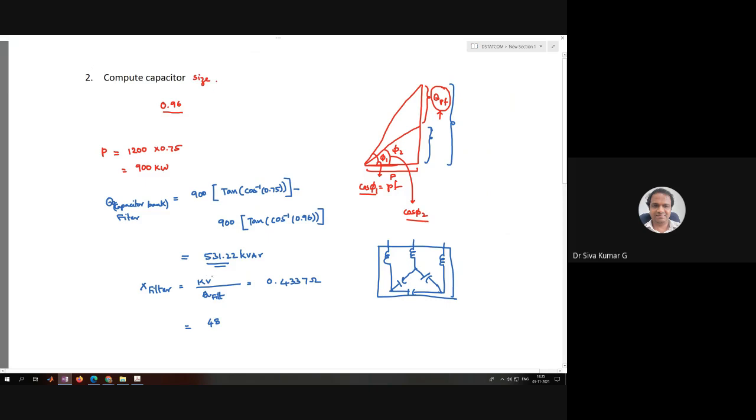Yeah, kV square, right? Maybe you can go for 0.48 square by the reactive power, which is 531.22 into 1000.